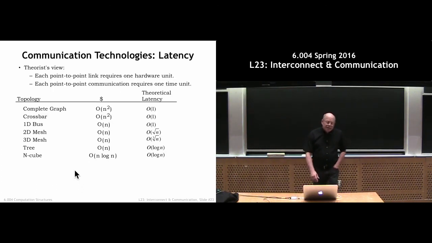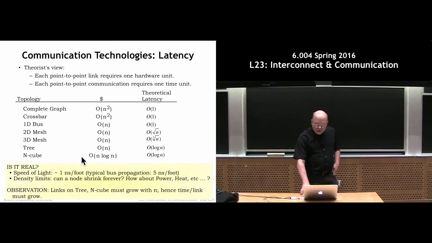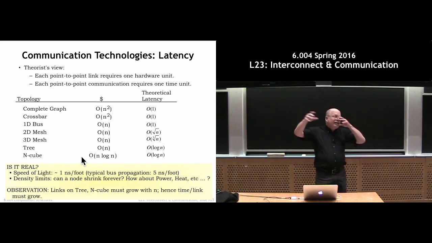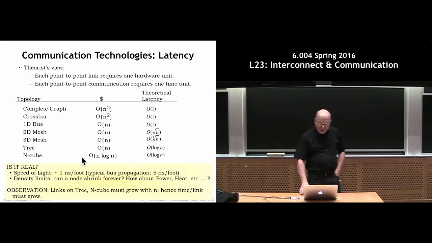All right, so here's a summary of costs and latencies for the different architectures of interconnect. And these are things theorists love to look at. As an engineer, though, we should have a slightly different view, because in the real world, even with a fancy logarithmic tree, some of those links are much longer than others, because we're forced to pack things into 3-space, given the world that we live in.